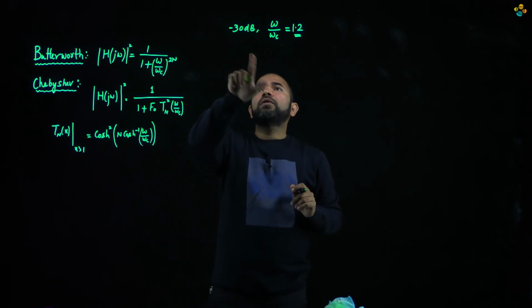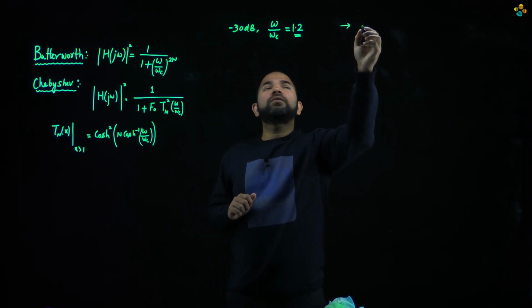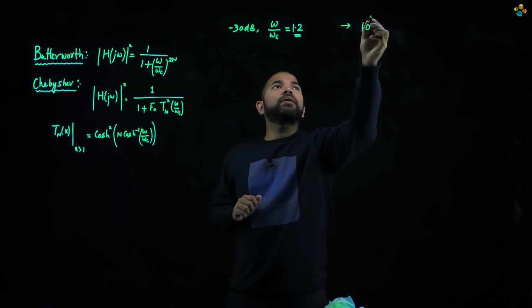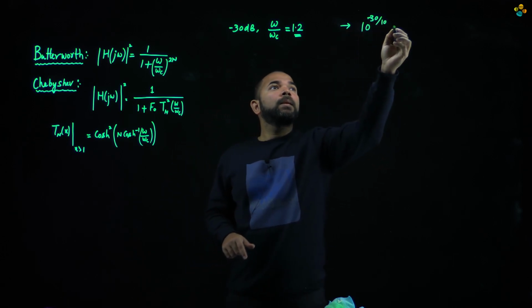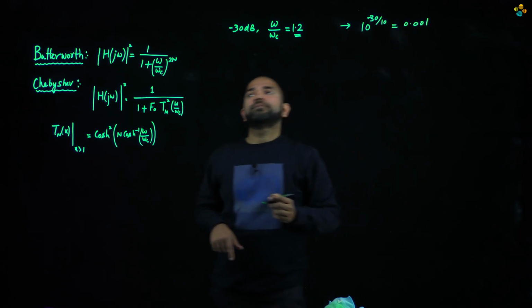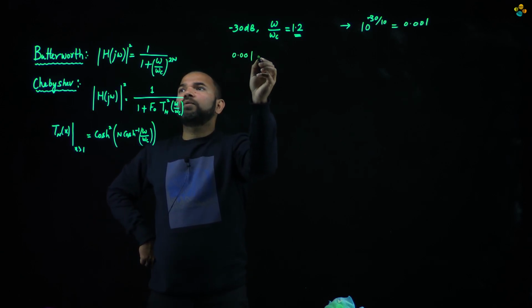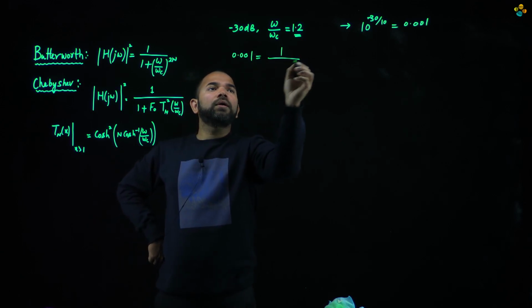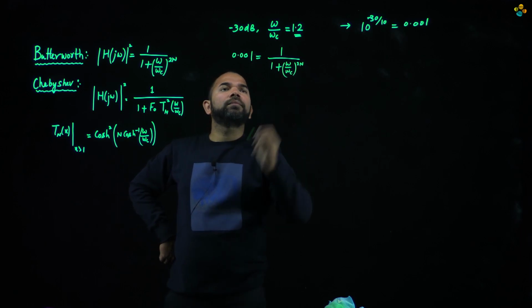If we transform this 30 dB into an equivalent linear scale, this is going to be 10 to the power of 30 divided by 10, so this is 0.001. If we put this value here, 0.001 equals 1 over 1 plus omega upon omega c to the power 2n.